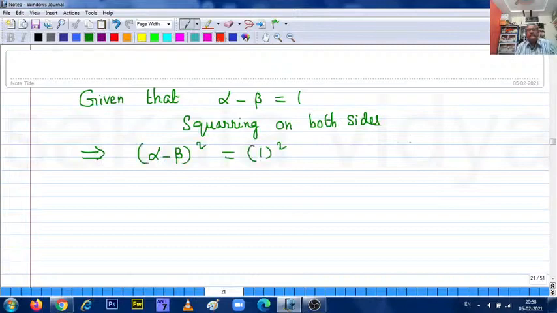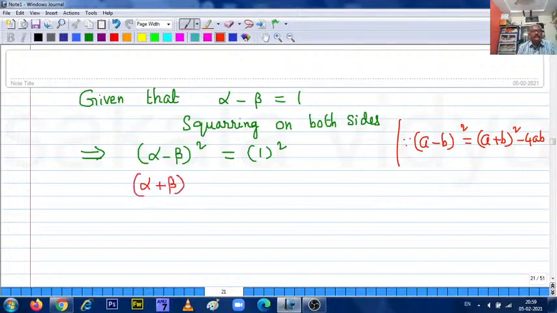But in algebra we have a very important formula: a minus b whole square is a plus b whole square minus 4ab. This formula we have. So alpha minus beta whole square we can write as alpha plus beta whole square minus 4 alpha beta equals 1.